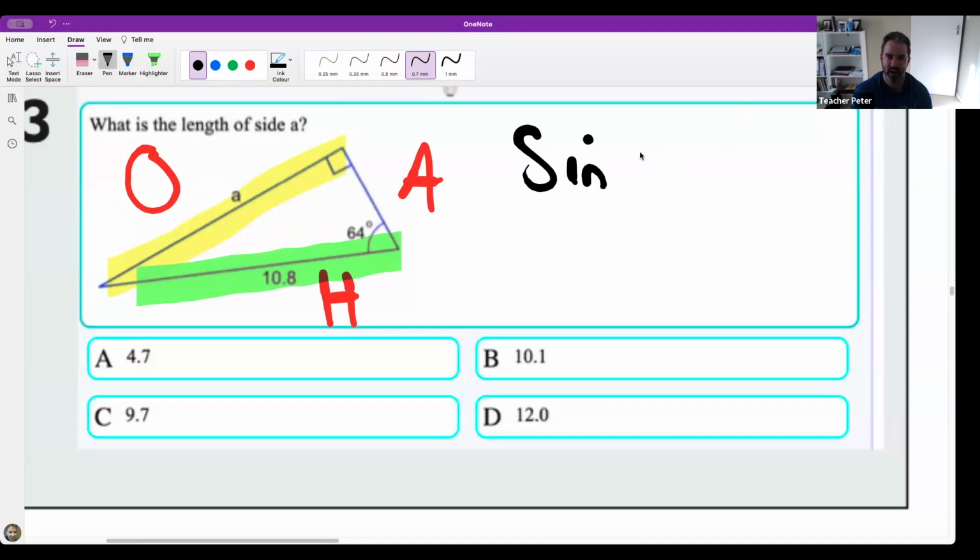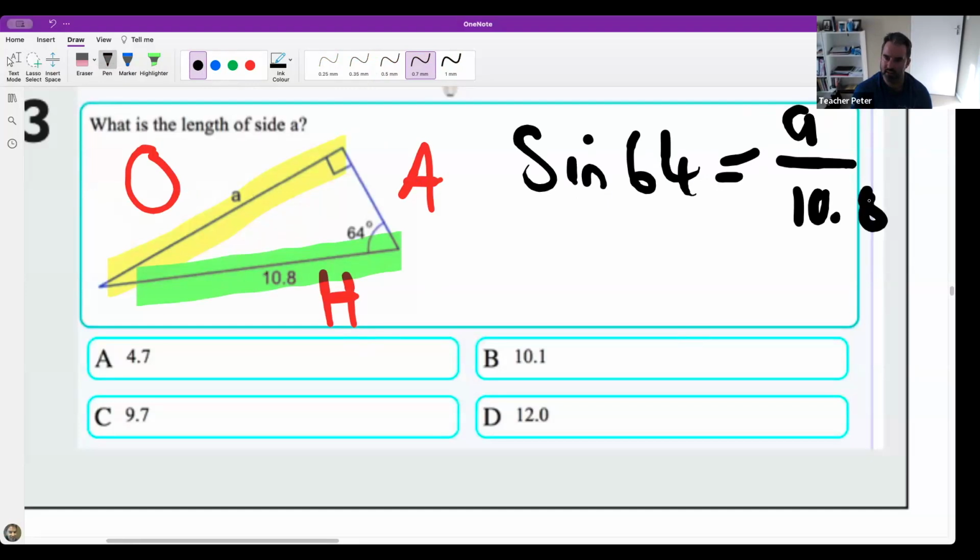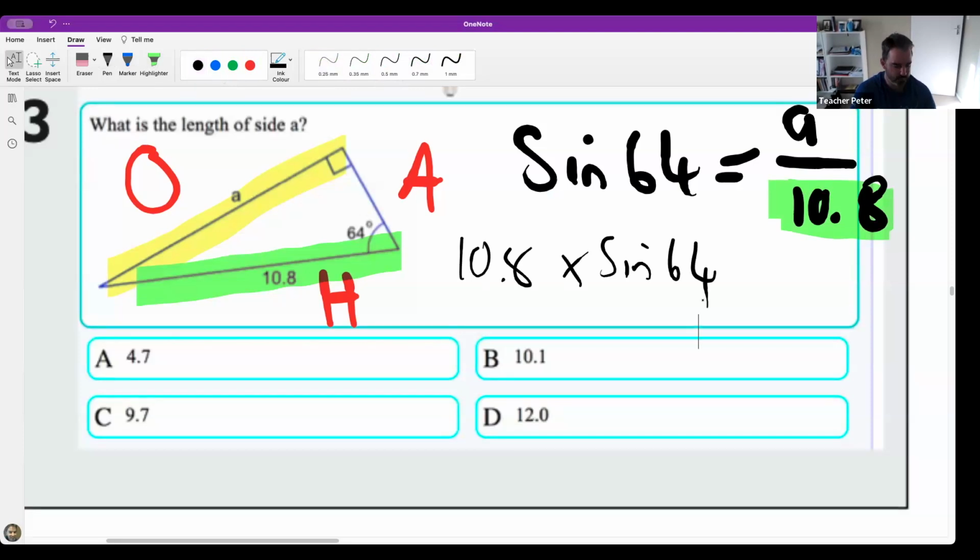So the sine of 64 is going to be A over 10.8. And then we have to move this 10.8 to the other side. So we're going to get 10.8 times the sine of 64.